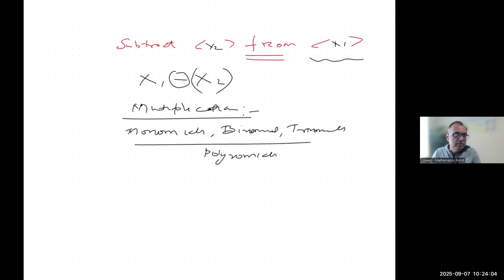All right. Now, let's multiply these binomials, trinomials, and monomials, and see where we land. Now let's multiply some monomials. So monomials are those expressions which have just one term.